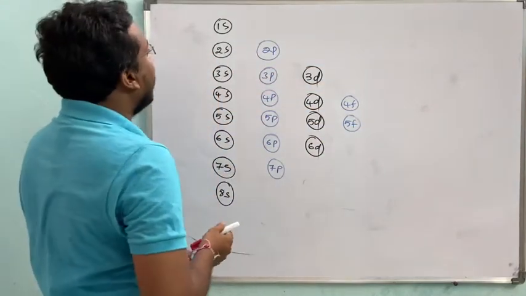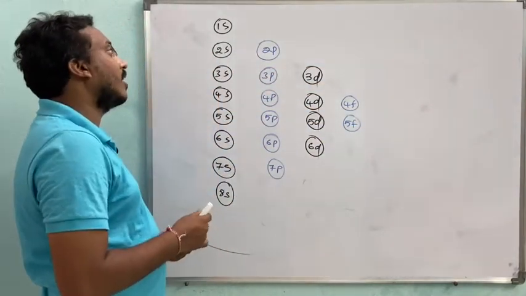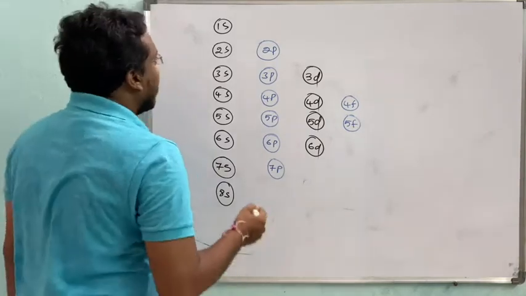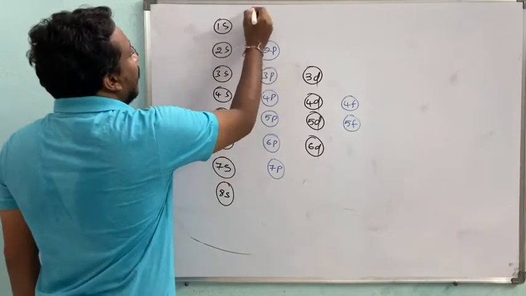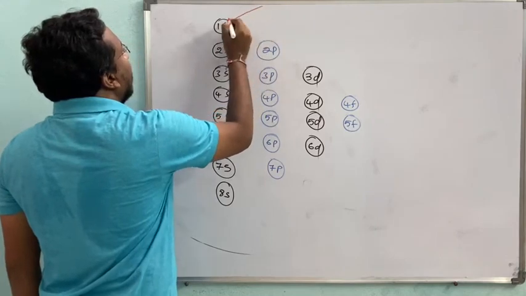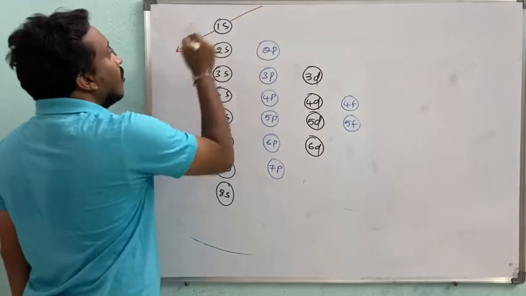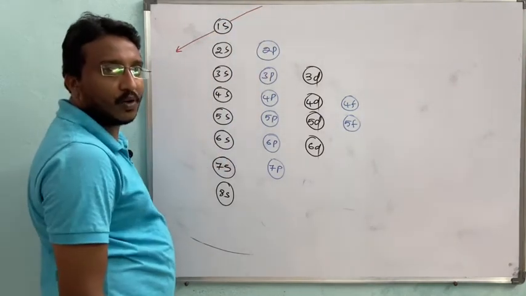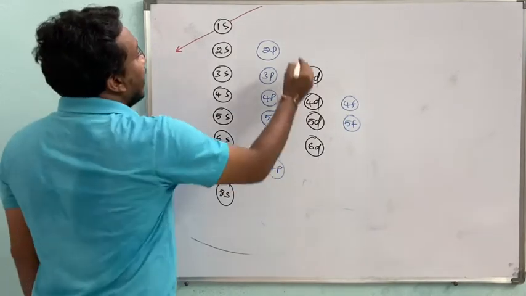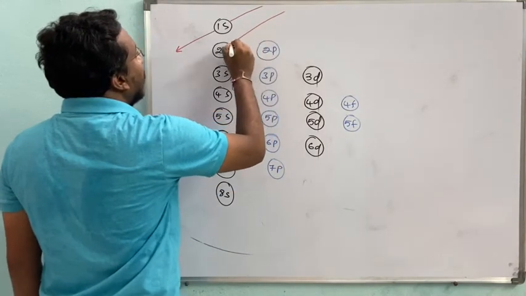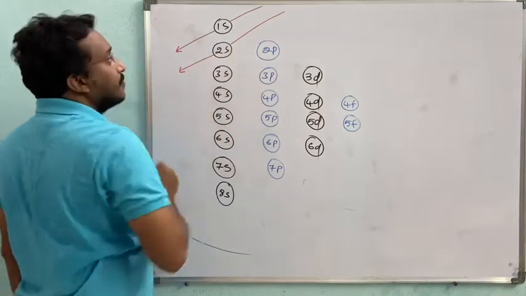Right, in which orbital should the electron fill first, sir? First the electron fills in the 1s orbital. The next electron fills in the 2s orbital.